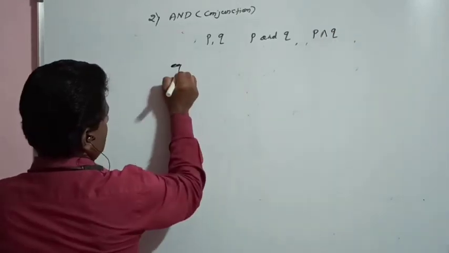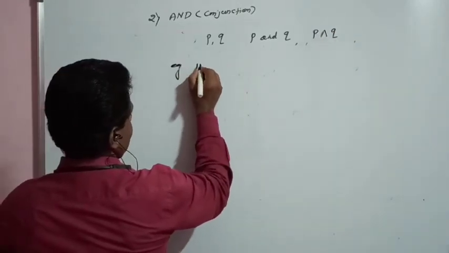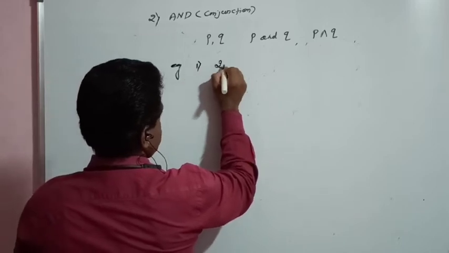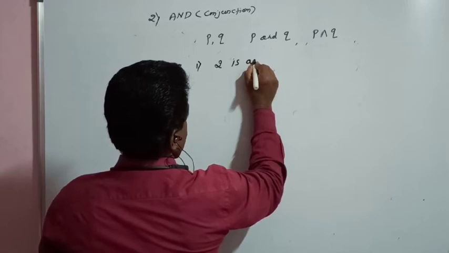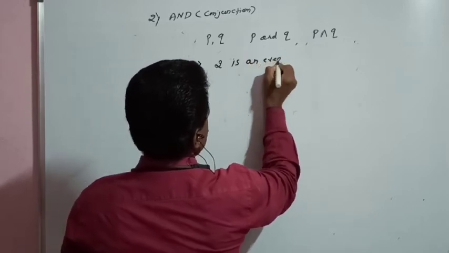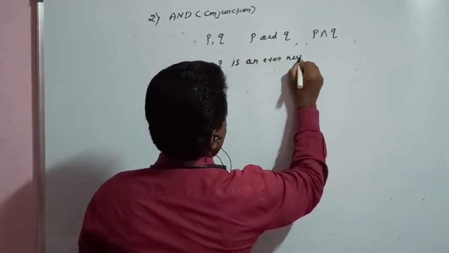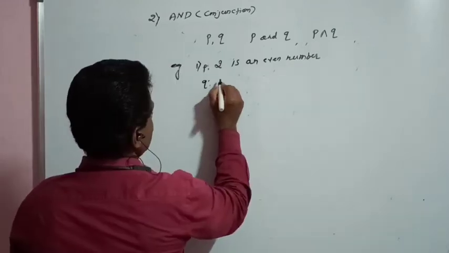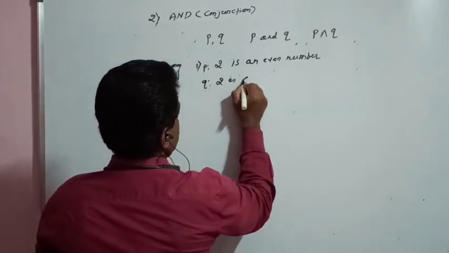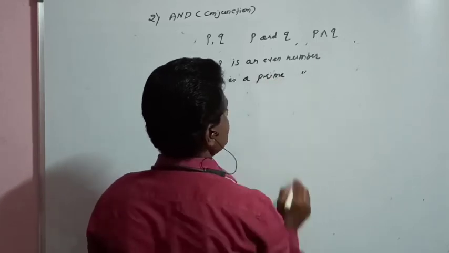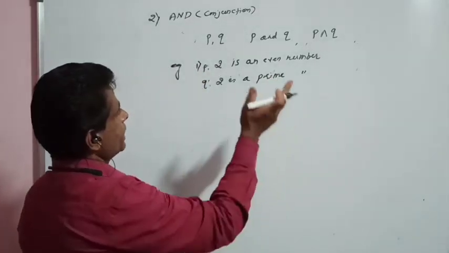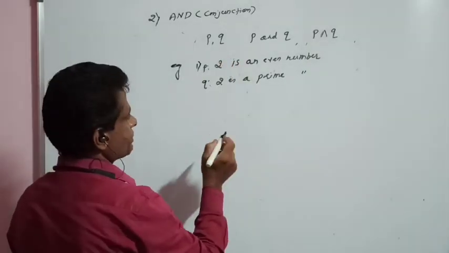So for example, say P: 2 is an even number. Statement Q: two is a prime number. Then let us write down the conjunction of these two statements.